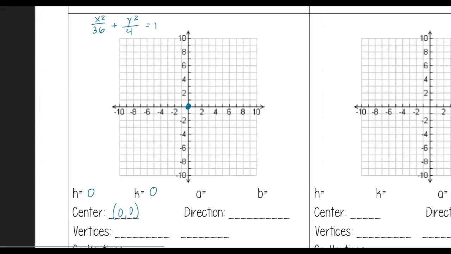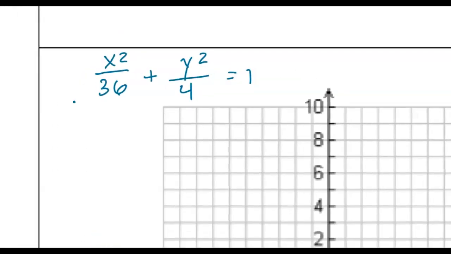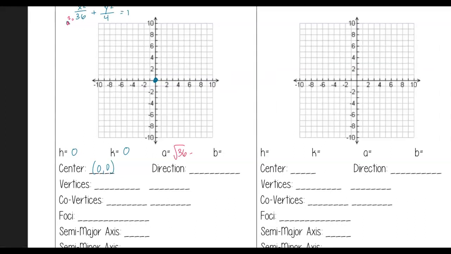So which one is bigger, 36 or 4? That's what a squared is equal to. So if a squared is equal to 36, what is a actually? Yes, exactly. All we do is we square root that denominator and it gives us our a value.